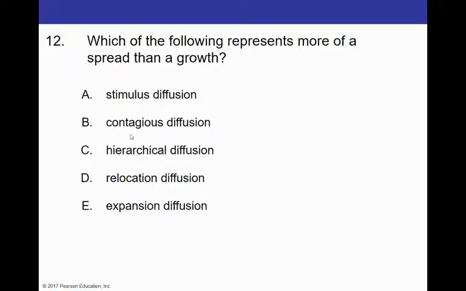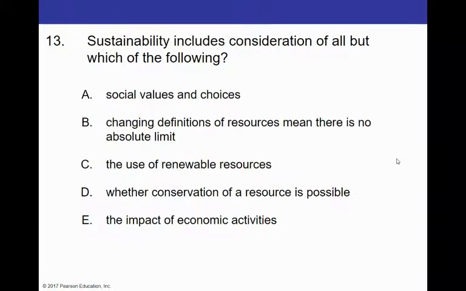And four answer choices can't be correct, so we're going to look for the one that's not a part of it, which is D, relocation diffusion. That's more of a spread because it's taking it from one place to another rather than expanding from one center and growing outward. So D is the correct answer.